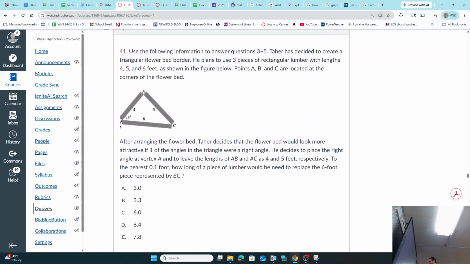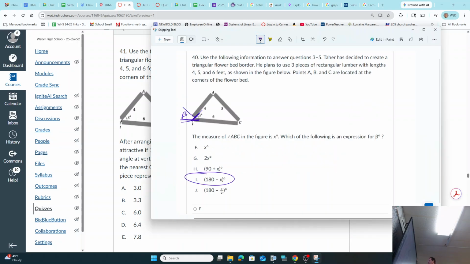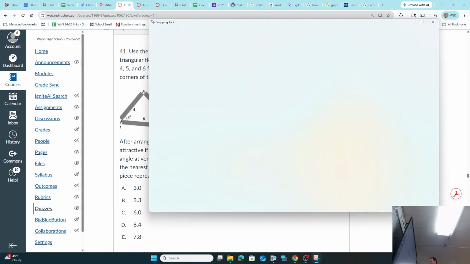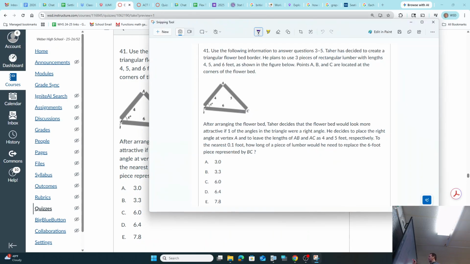Okay, so this one, they want to get another piece to replace this one, and they also want this to be 90 degrees. If they want to force that to be 90 degrees, then you could use the Pythagorean theorem.